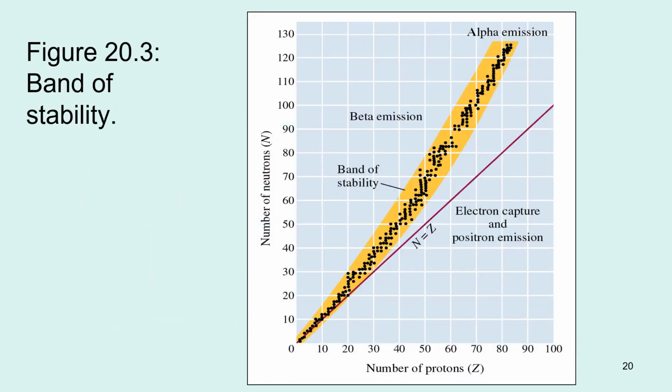So you can see here, this red line is where protons equal neutrons. And you probably have noticed before, if you start with the really small elements, they tend to be like carbon, which has 6 protons and 6 neutrons.